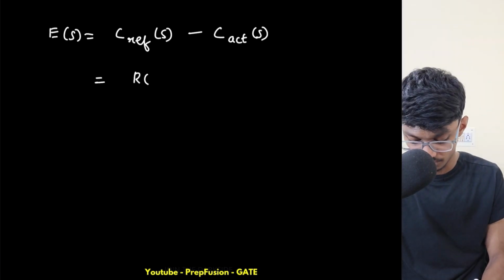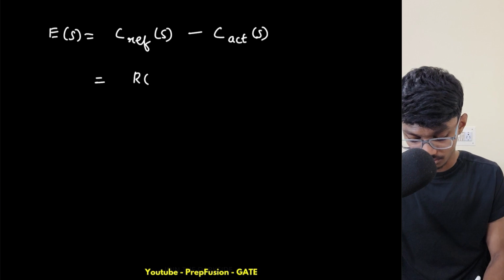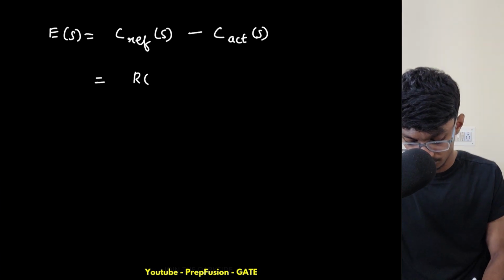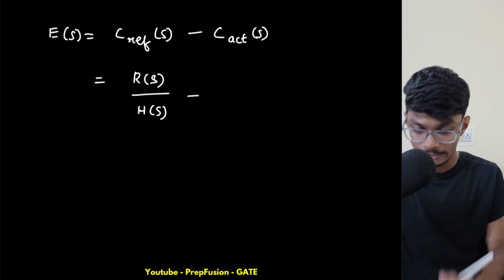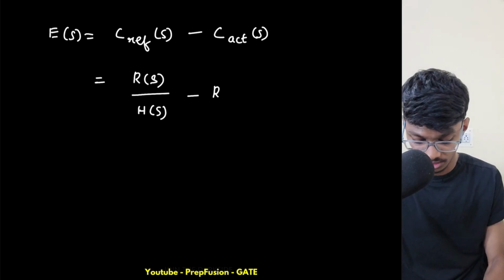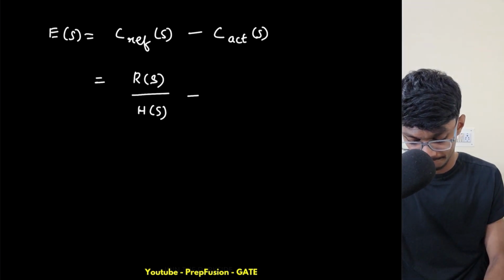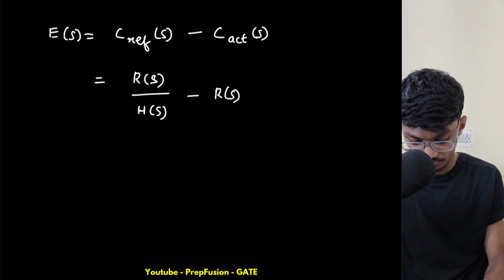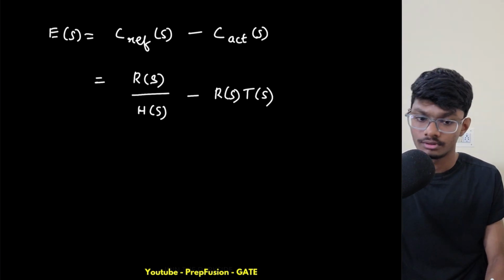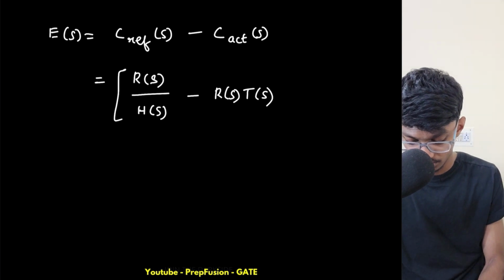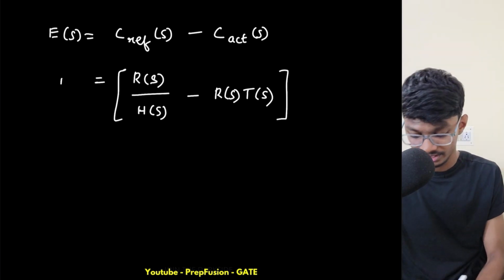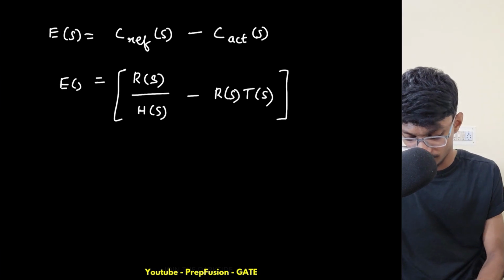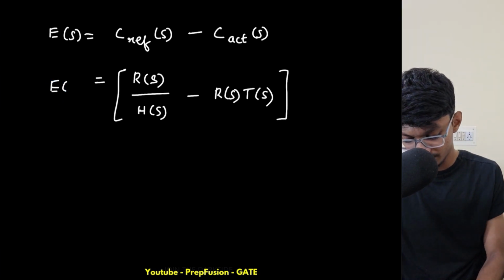It is R of S upon H of S. And C actual of S is R of S into T of S. So this is my C reference of S and C actual of S. Now this is basically my error signal. From here you can simply find your answer.